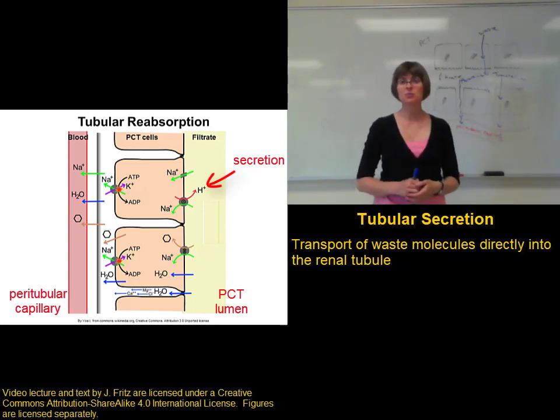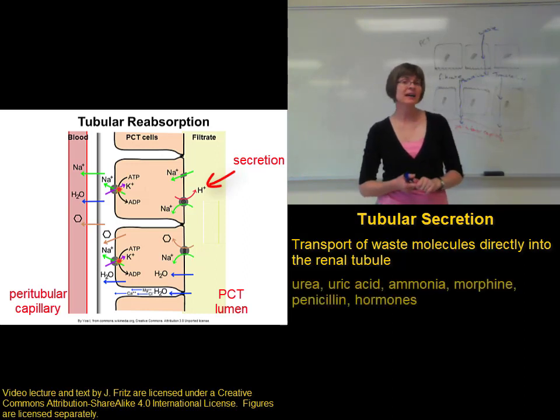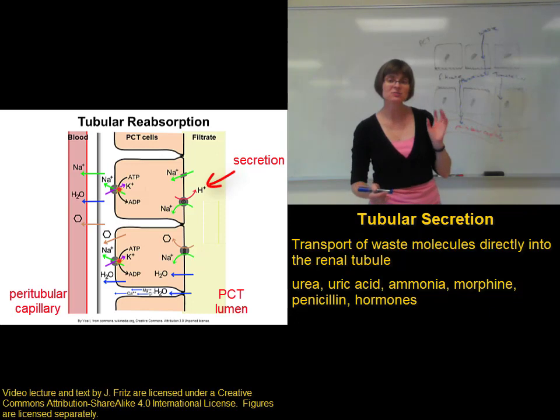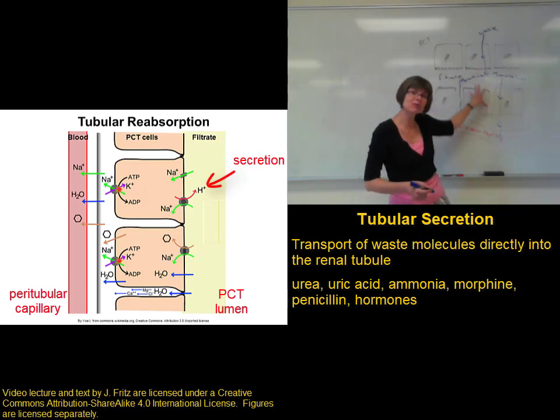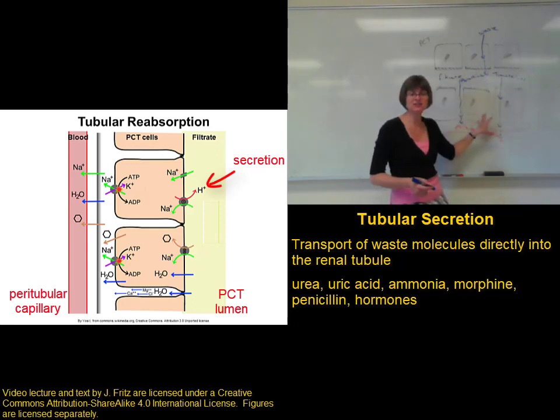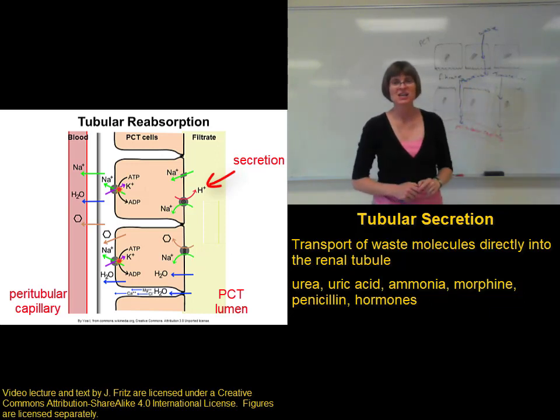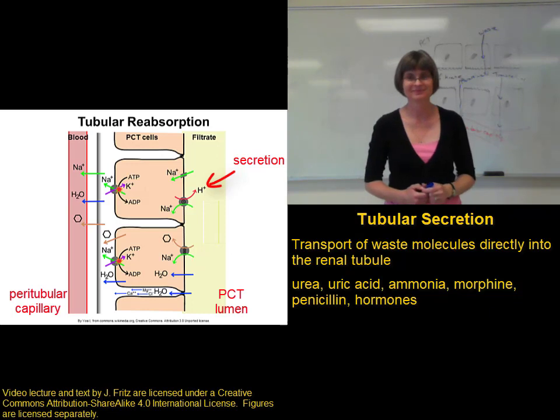That includes transporters for things like urea and uric acid and ammonia. These are important because these are small waste molecules that can escape from the renal tubule by the paracellular route, but then we can grab onto them and secrete them right back in using tubular secretion.